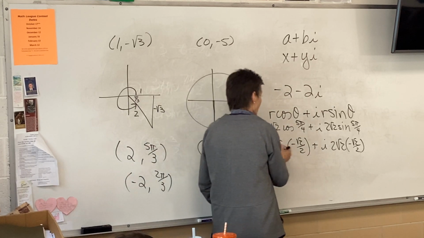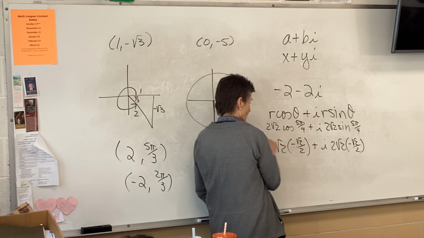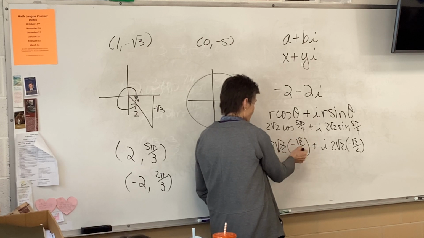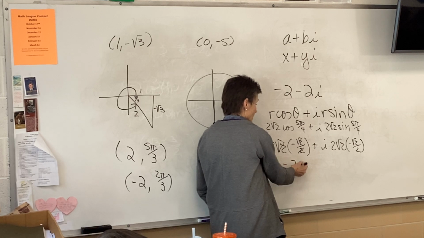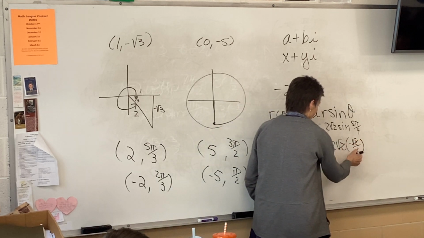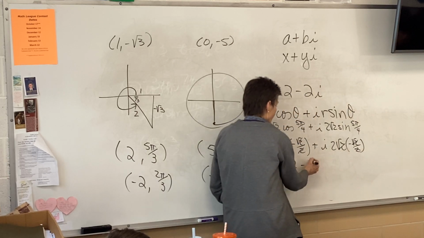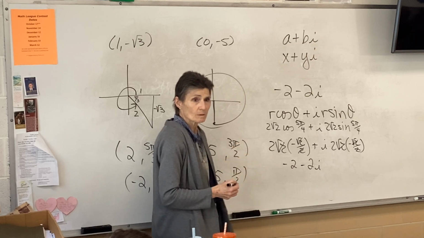What's going to happen when I multiply these together? These two make a 2 that cancels with that. So what have I got? -2. These two multiply and cancel with that. So what have I got? -2i.